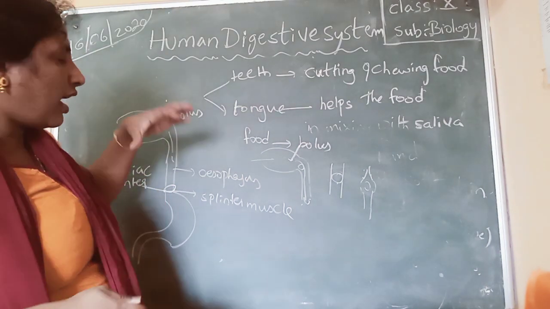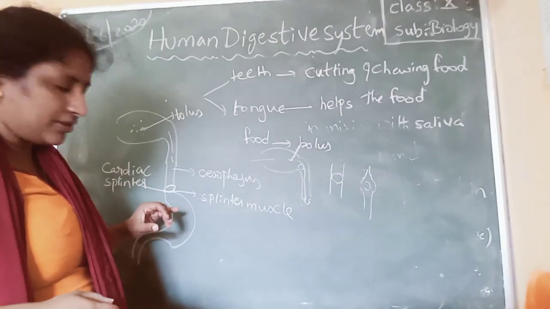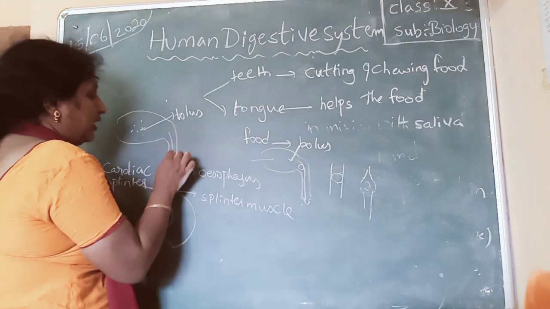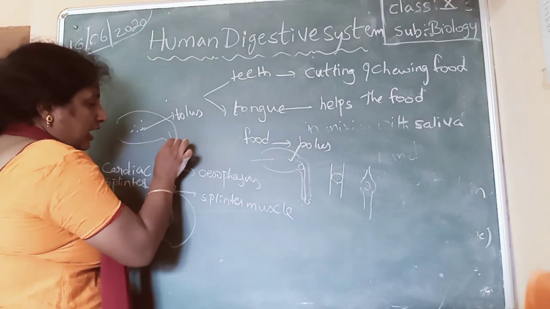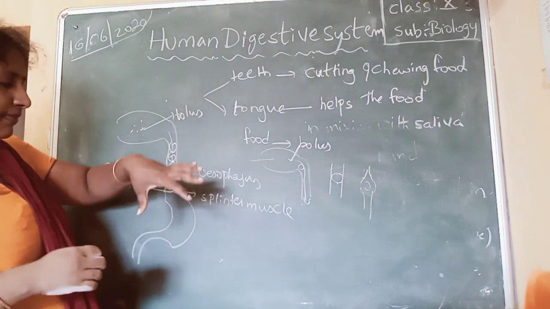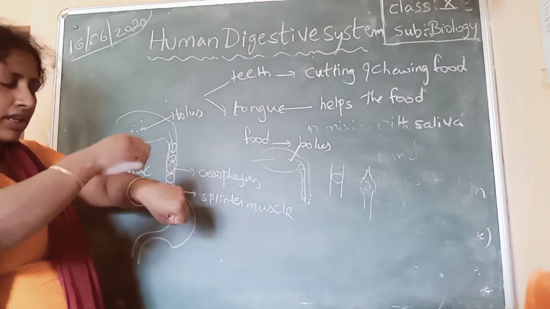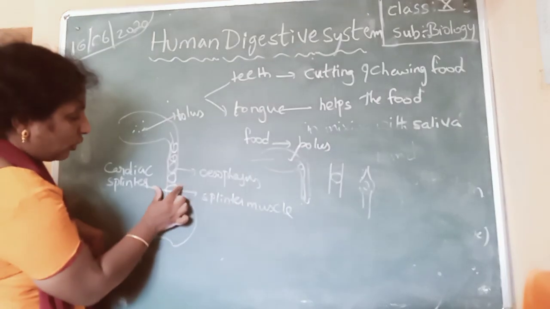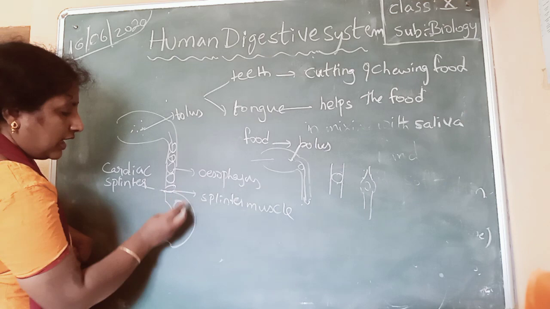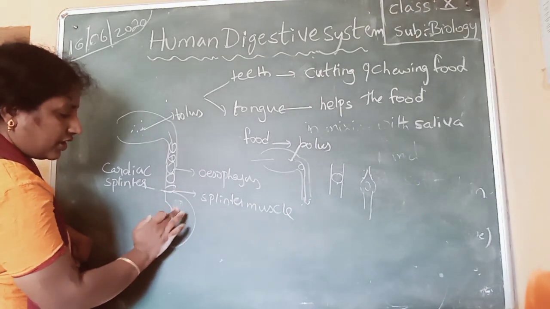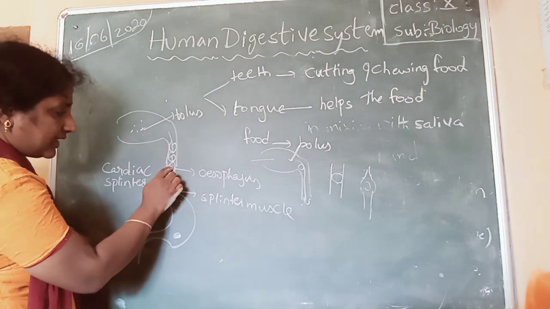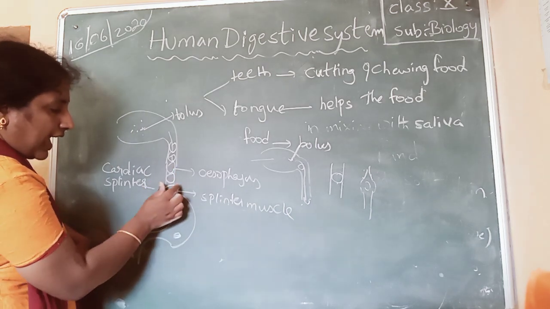So all the food will not come into the stomach at one time. If this is the food, the sphincter muscle is closed, and it opens and sends this food into the stomach and closes. Afterwards, digestion of this food occurs. Once it has been digested, it opens again, sends the next food and closes.